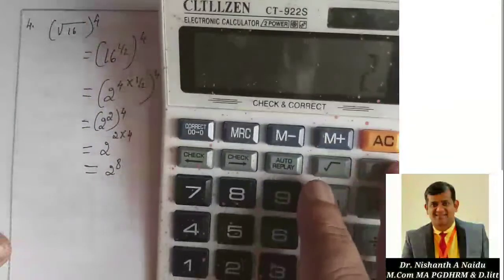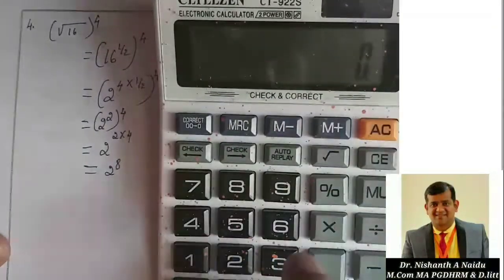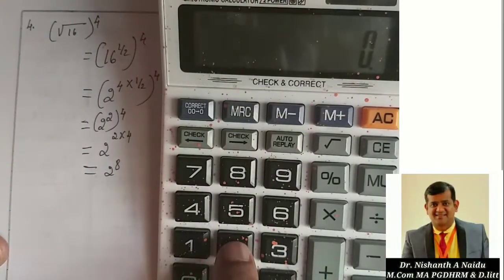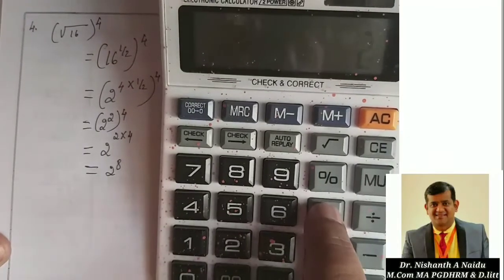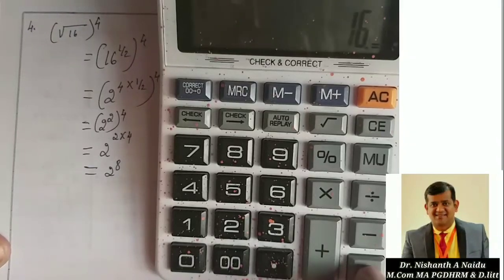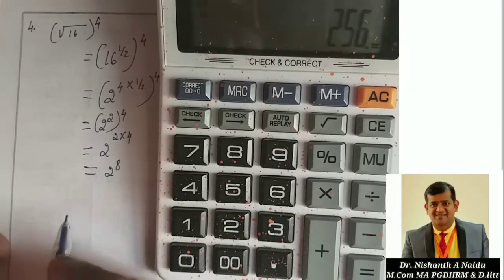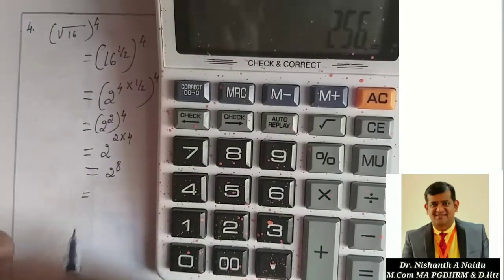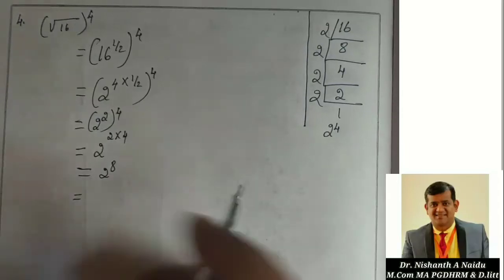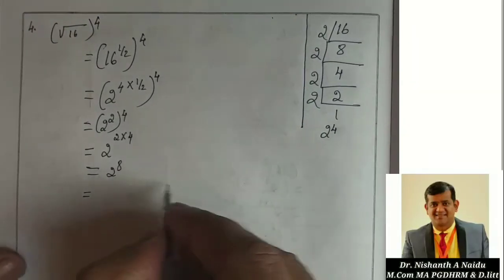Again I am showing, but you have to do it yourself from the next video. So 8 times: 2, 1, 2, 3, 4, 5, 6, 7 and 8. So the answer is how much? 256. Correct, the answer is 256.